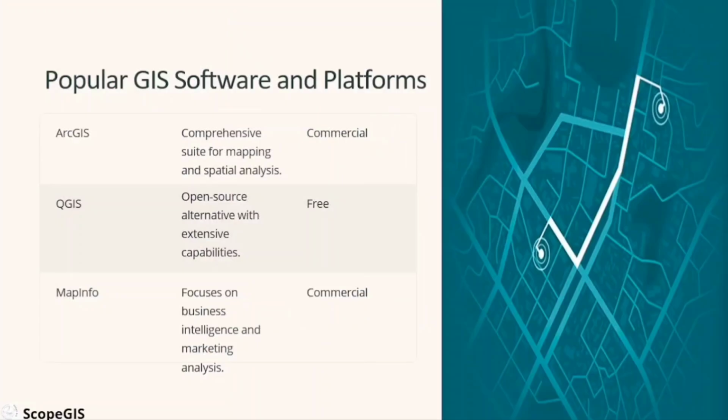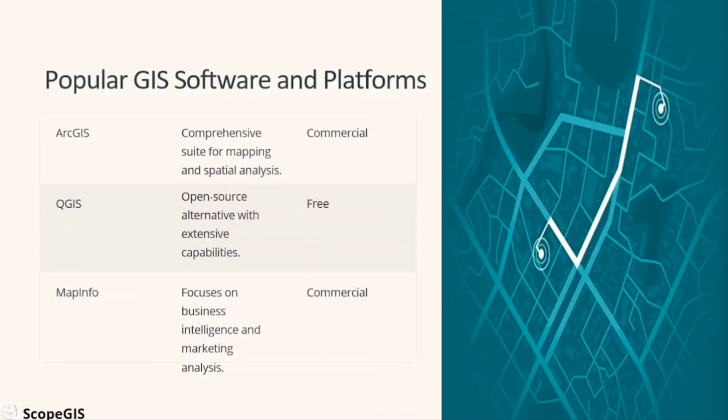So popular GIS software and platforms. Once again, there are a lot of GIS platforms that are available, but we're going to just talk about a select few. And ArcGIS is the most notable of them all, I believe. And I think it's followed by QGIS and then MapInfo.